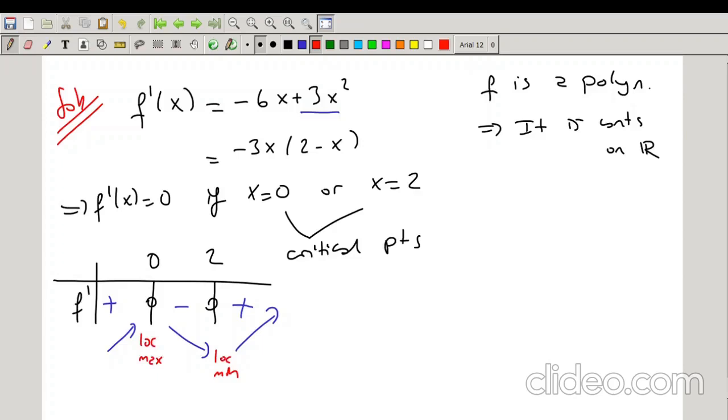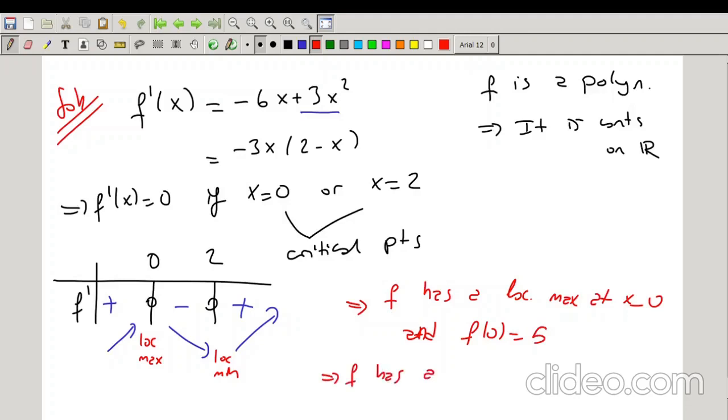Okay, by the first derivative test, we say f has a local max at x is 0, and f of 0 is equal to, if you put 0 in the given function, you have 5, and f has a local minimum at x is 2 and f of 2 is equal to 1.